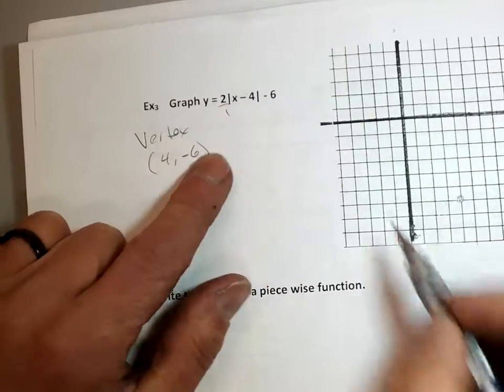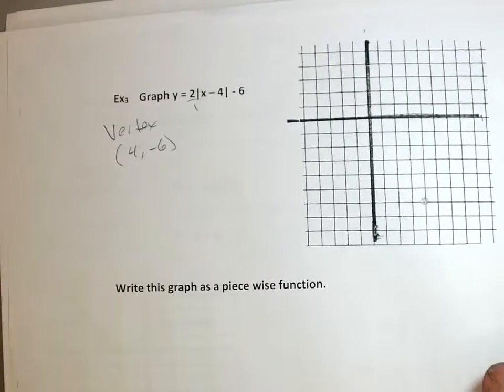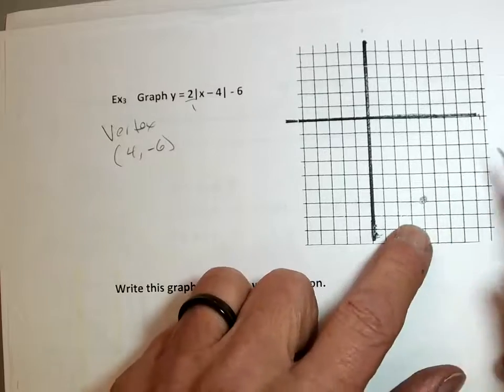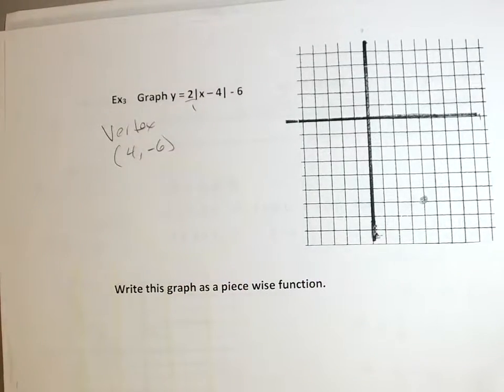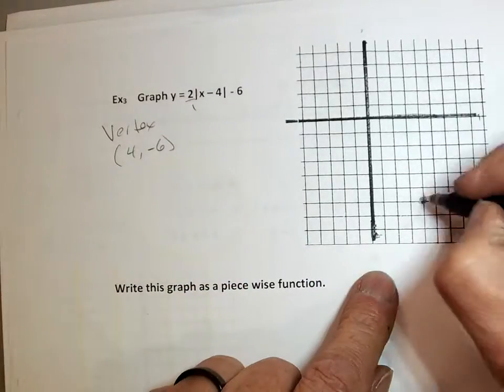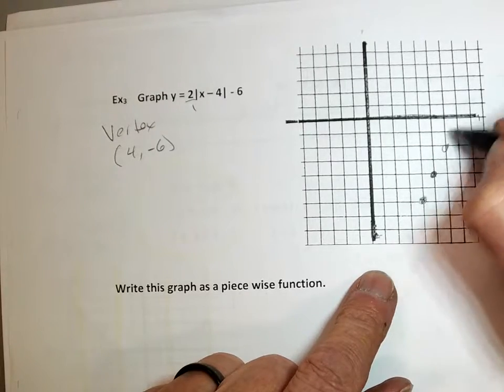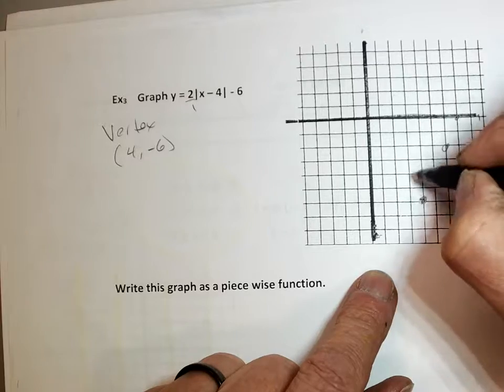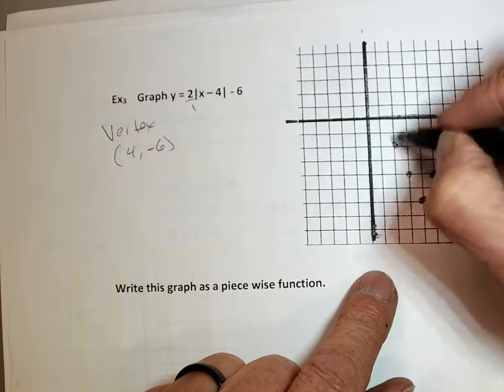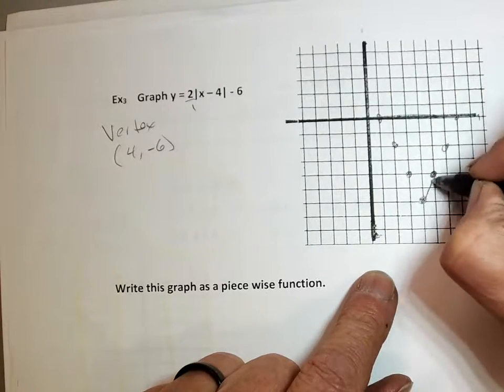It has a slope of 2 over 1. So I'm all the way down here, and I'm going to go up 2 over 1, up 2 over 1, up 2 over 1. And of course, since it's absolute value, the V is symmetrical, okay?